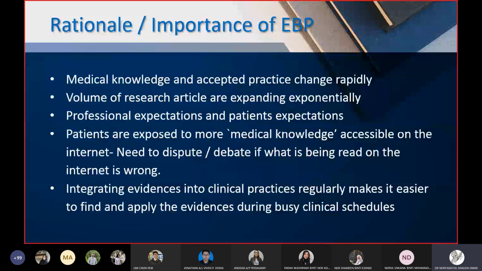These are the rationale and importance. Medical knowledge and accepted practice change rapidly. Some medical knowledge or accepted practice probably remains the same, like how you treat a normal fever, just normal influenza, with normal paracetamol and so on. But in a cancer patient, there are more advanced techniques to treat the patient.